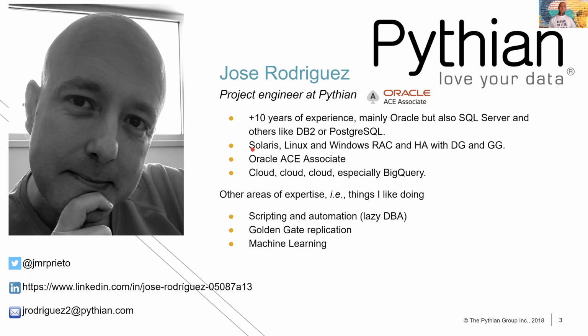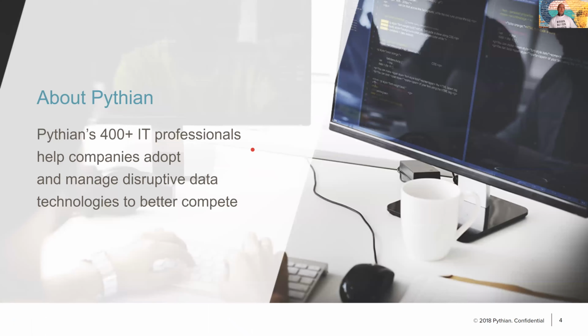There you go. So about Pythian, we're roughly 400 now. We provide data-related services on a follow-the-sun model. We've been here for more than 20 some years now. We probably will be here for a few more.